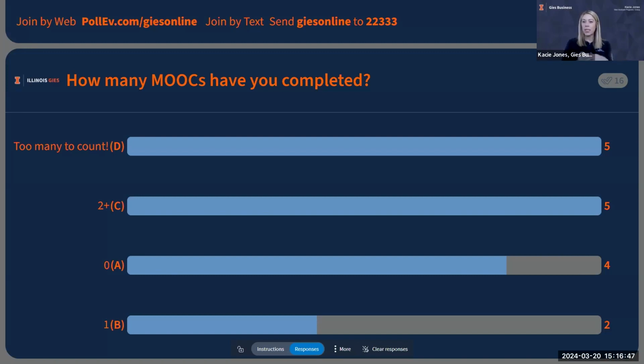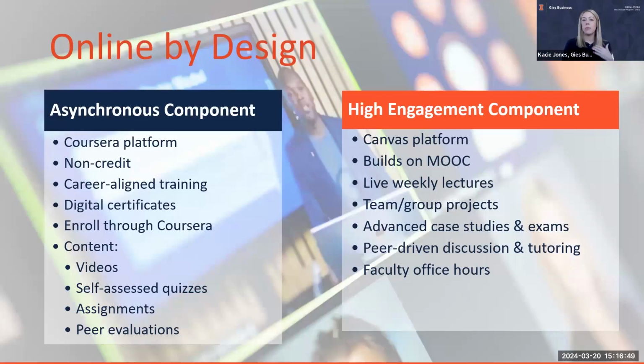Of course, today's presentation is going a little bit beyond the MOOCs, however. So if you were to progress beyond a MOOC and take a 4-credit course through the University of Illinois Gies College of Business, we're going to combine that MOOC content, which we often call the foundational component of the course, or the virtual textbook for the course. We're going to pair that with what we call our high engagement component.